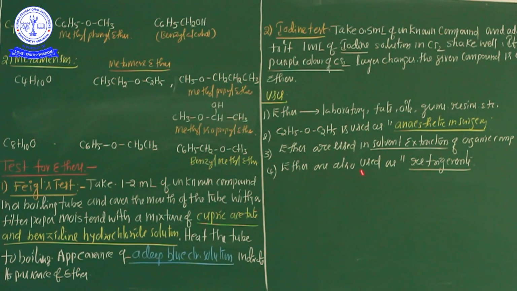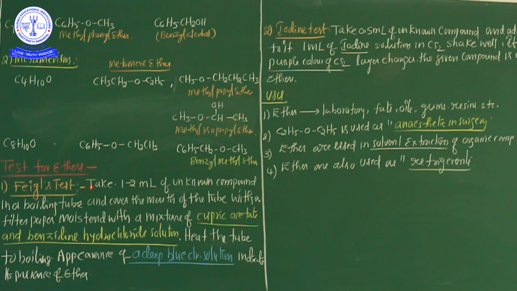My dear students, I have successfully completed three major functional groups in 12th standard CBSE organic chemistry: alcohol, phenol and ether. The important points are preparation of alcohol, preparation of phenol and preparation of ether. These three areas are very important at board level.